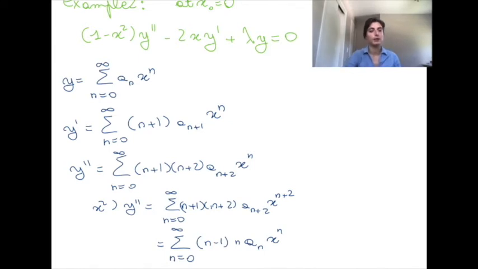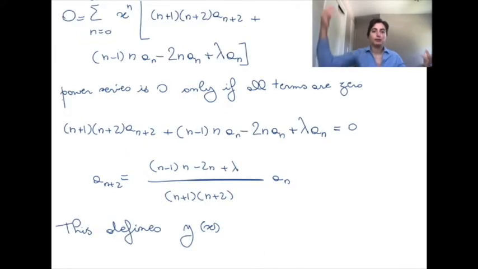And now we can plug that into our ODE. So we take all the information that we have about x squared times the second derivative of y, minus 2 times the first derivative of y, and lambda y. We put all of that together, and as we did previously, we take out the coefficient x to the n.